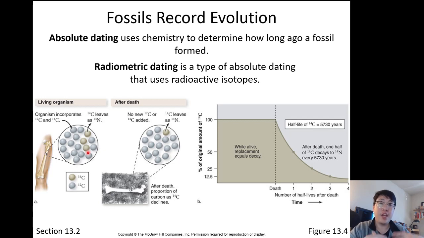So they are going to slowly leave the organism over time. And as they leave, we're able to calculate how much of that carbon-14 or nitrogen-14 is left within our bones.